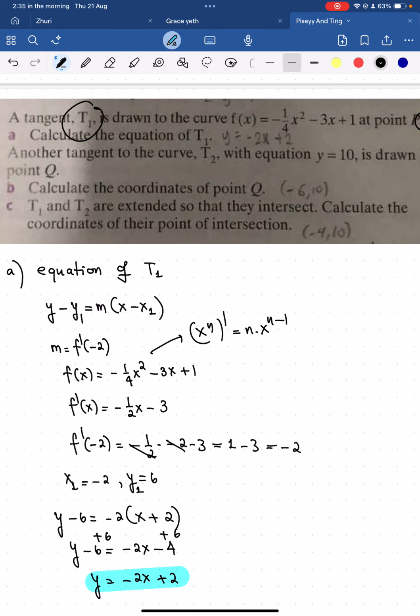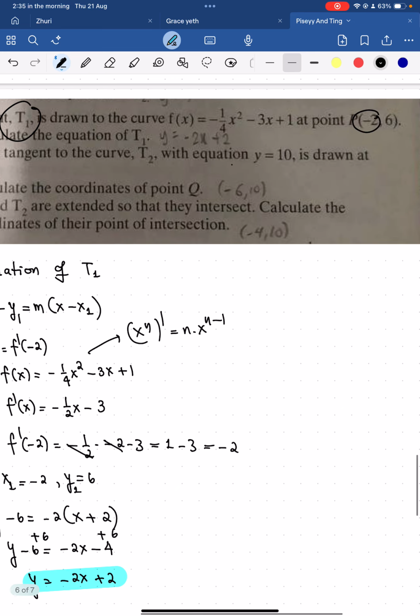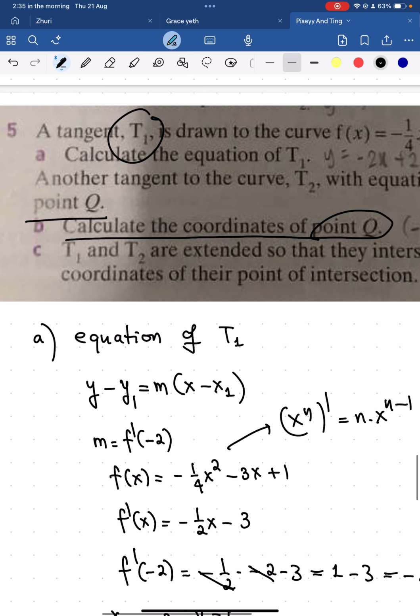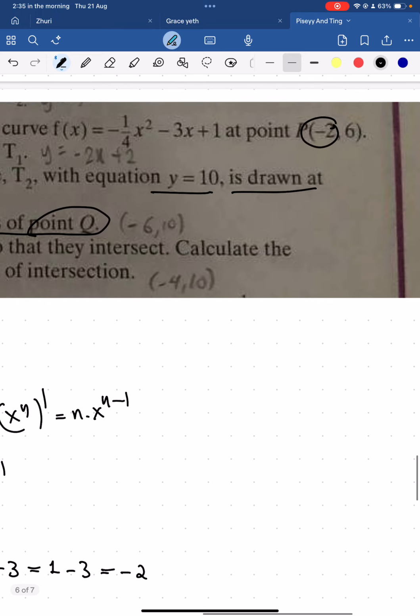Another tangent, T2, is drawn at point Q. Let me tell you the method. Find the coordinates of point Q. We don't know it, but you have to remember that we can denote Q with (a, b). They also said that the tangent is at y equal 10, which means it is a horizontal line, and the slope of a horizontal line is 0.